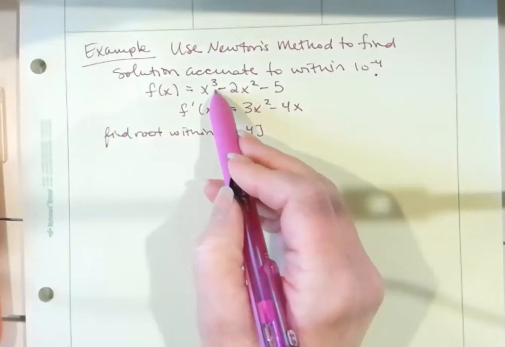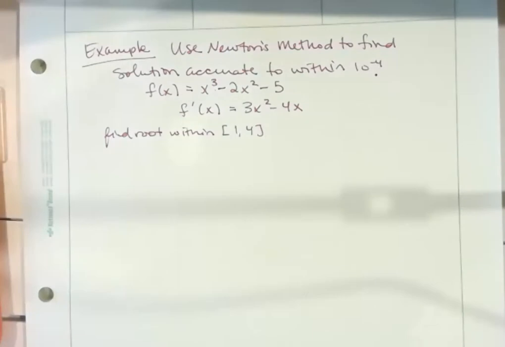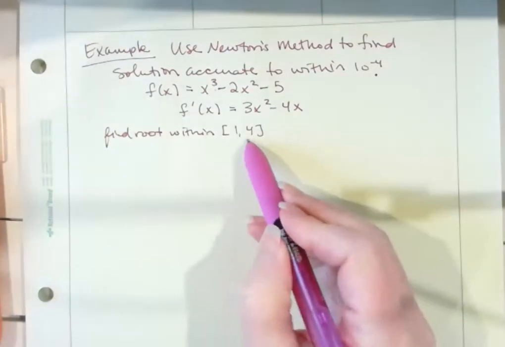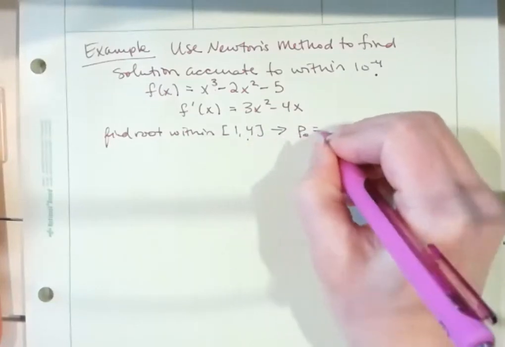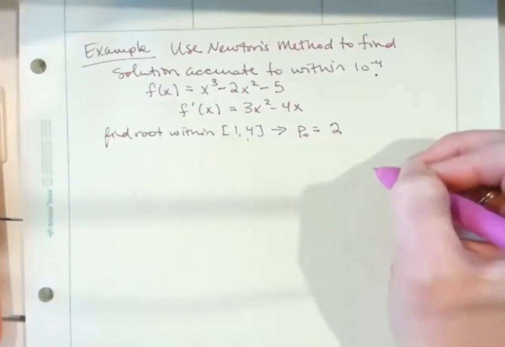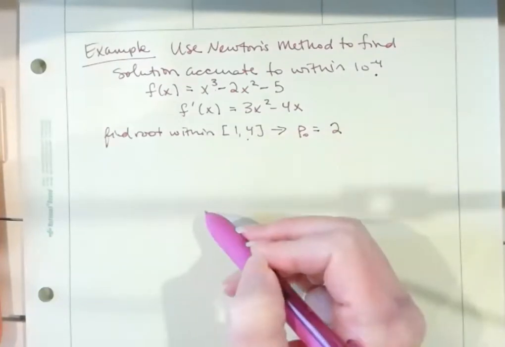If you wanted to find all 3 roots, you'd have to provide 3 initial approximations. We're only going to do 1, so we're going to look for the root that's between 1 and 4. I'm going to make our initial guess 2, so p0 is going to equal 2 because that lies between 1 and 4.